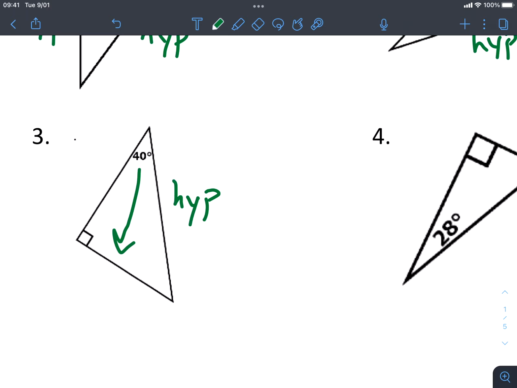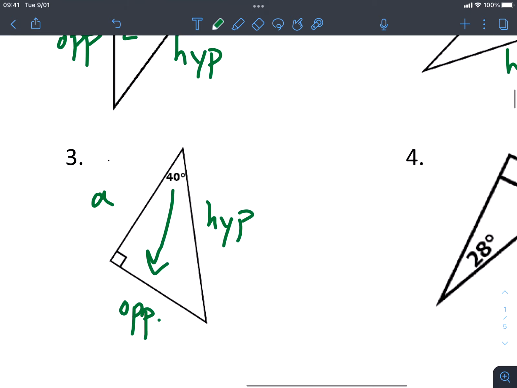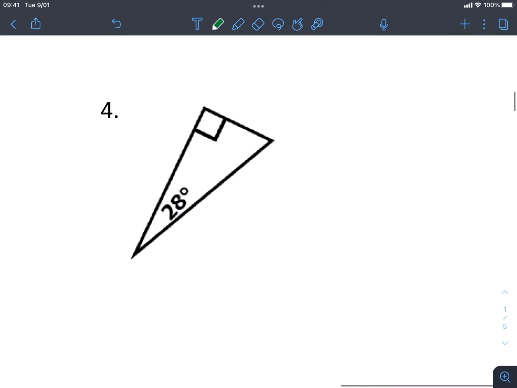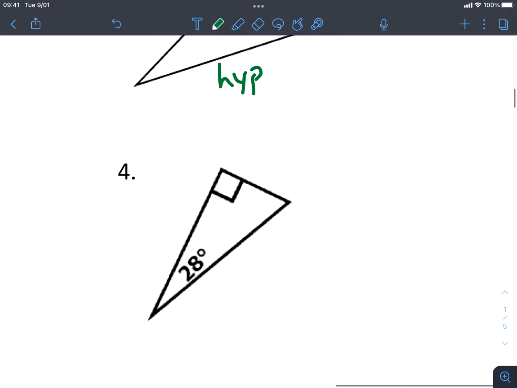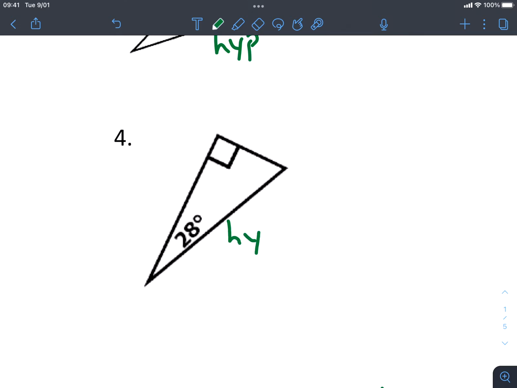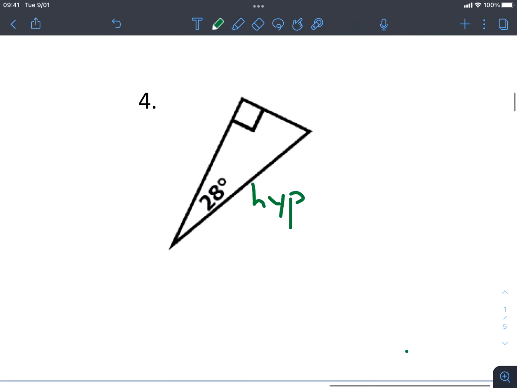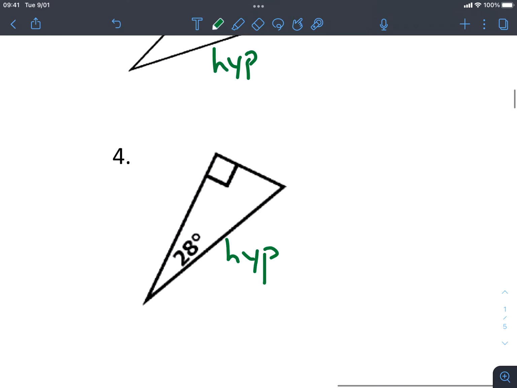If I look opposite of the angle that I'm looking for, that's my opposite. And my third side is adjacent. Good. Again, hypotenuse is diagonal. My opposite side is there. And then that must make my side here my adjacent.